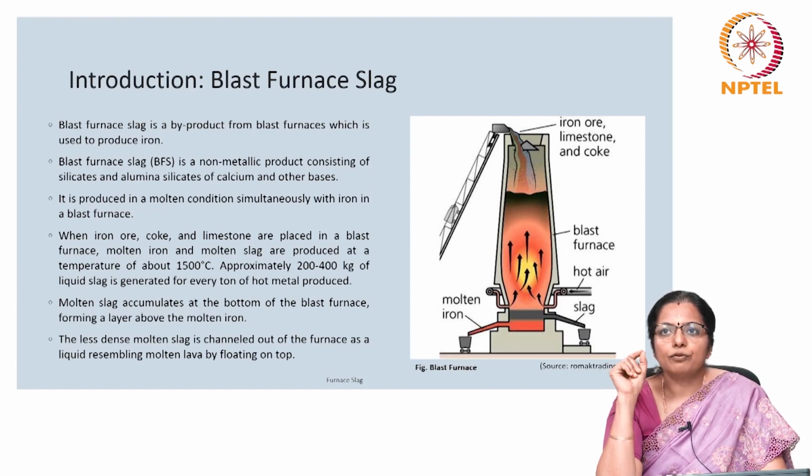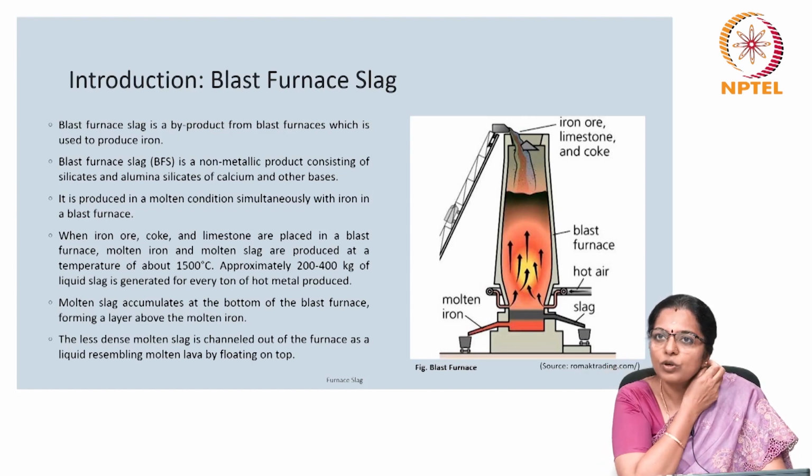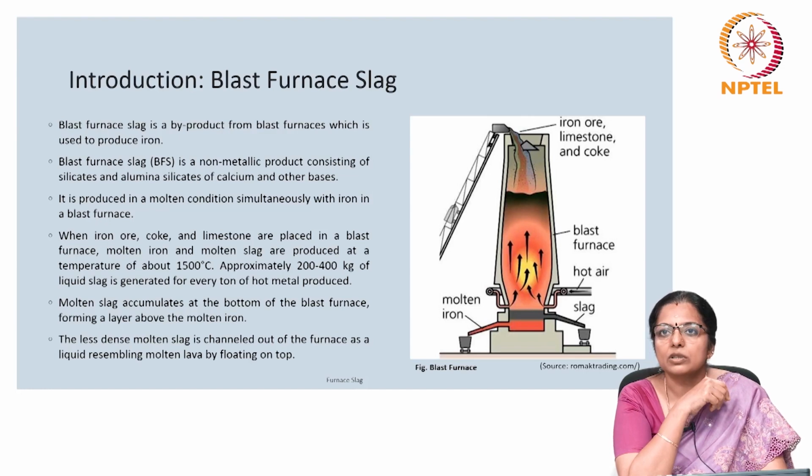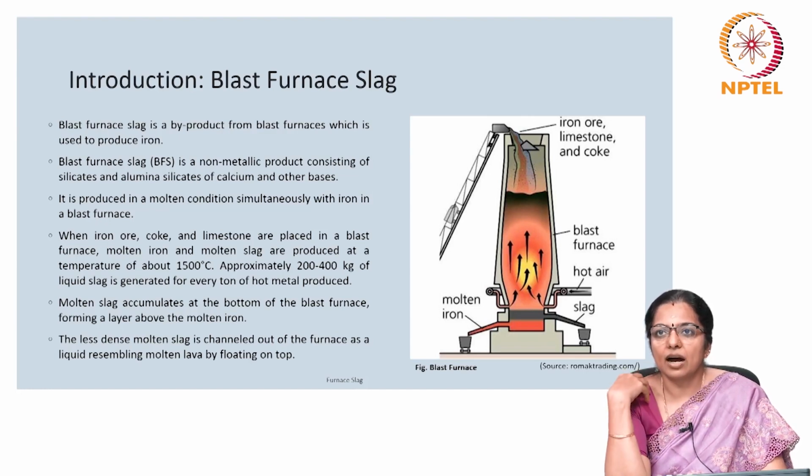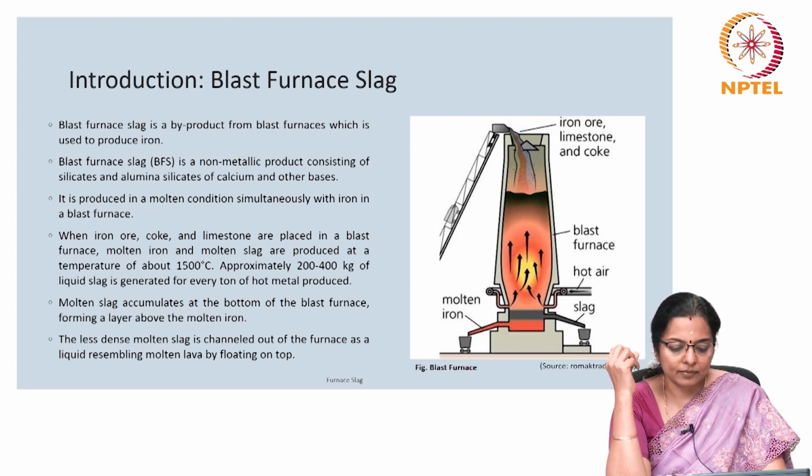The production of BFS occurs simultaneously with the creation of molten iron in the blast furnace. This process involves combining iron ore, coke and limestone in the furnace, resulting in the generation of both molten iron and molten slag at an intense temperature of about 1500 degrees centigrade.